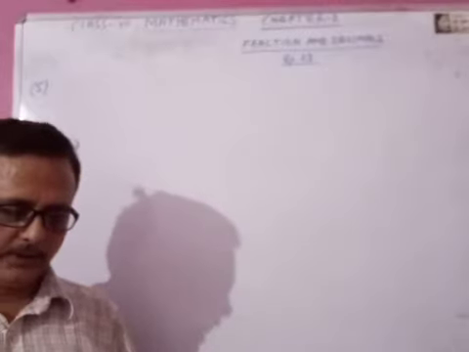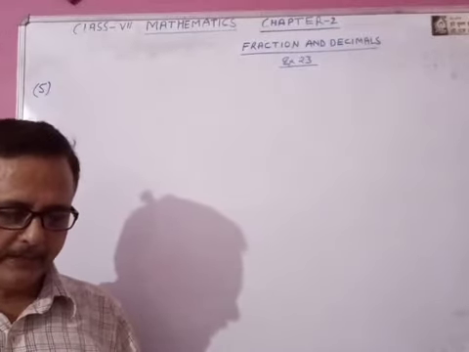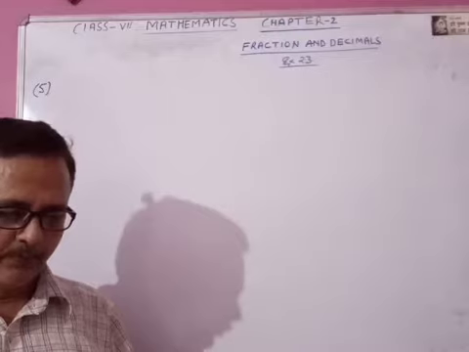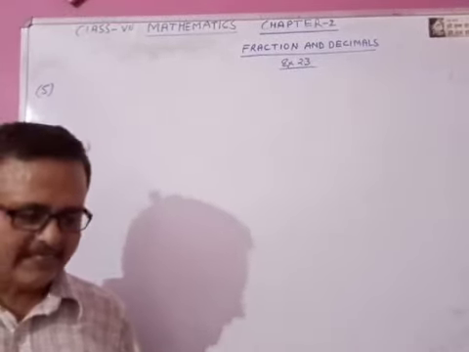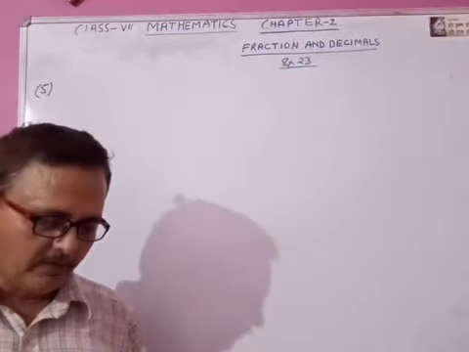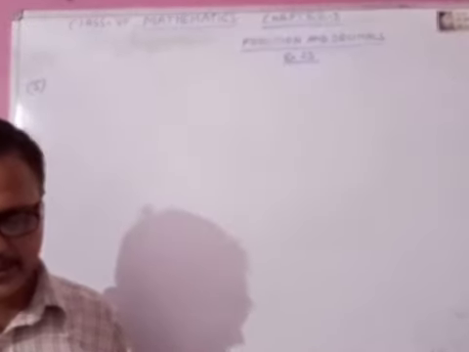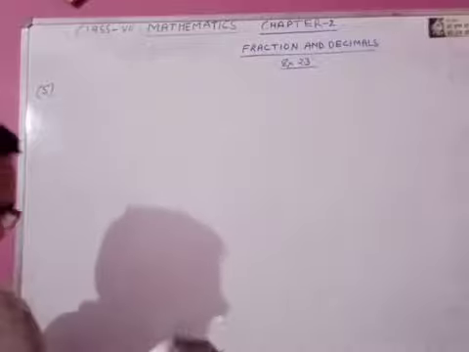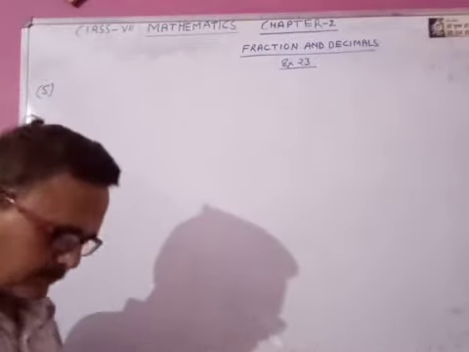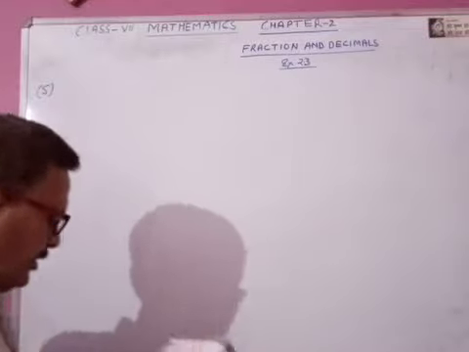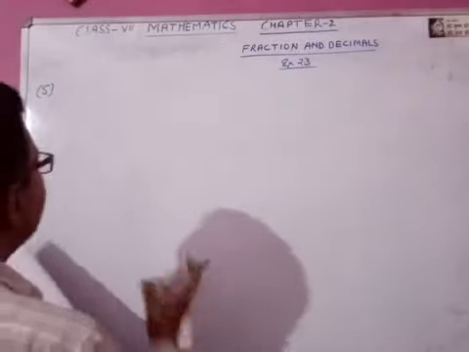Dear student, question number 5. Sally planted 4 saplings in a row in her garden. The distance between 2 adjacent saplings is 3 upon 4 meter. Find the distance between first and the last sapling. How many saplings?